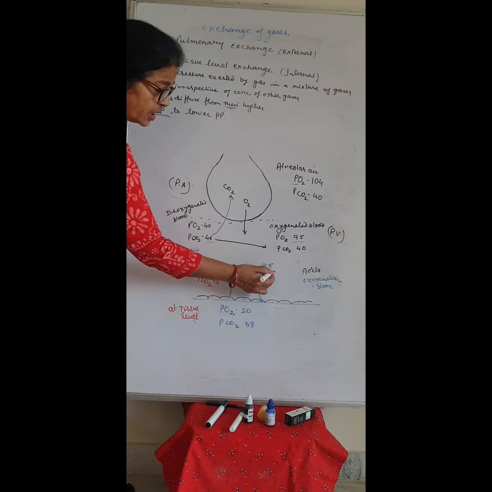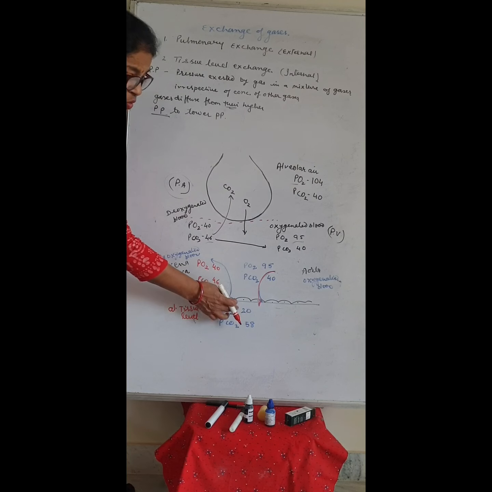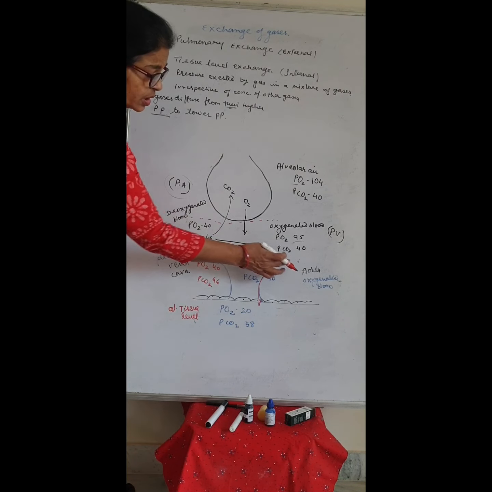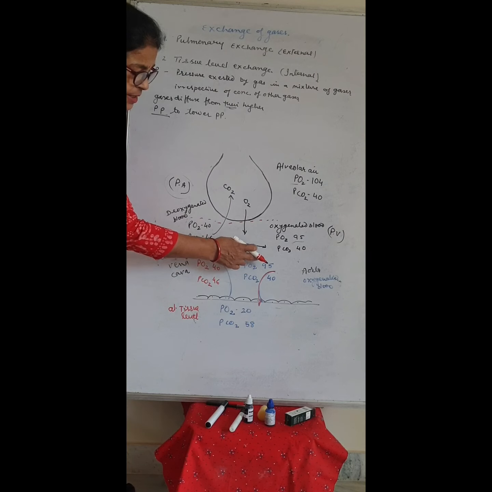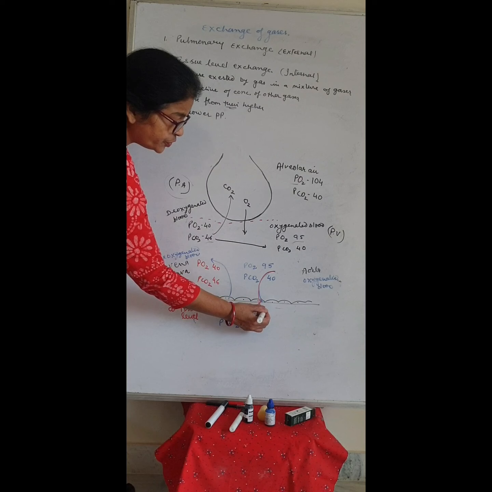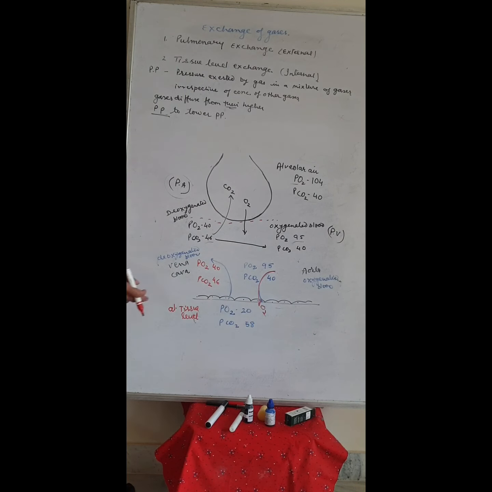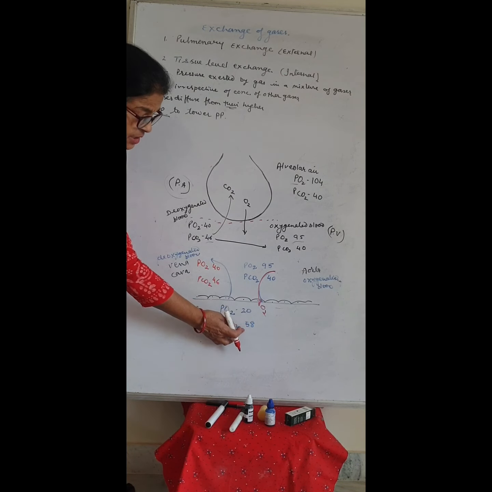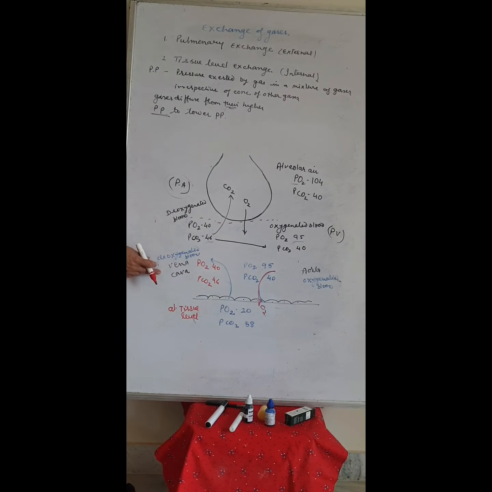So from the aorta, the oxygen moves inside the tissues. The partial pressure of oxygen is 95 here and 20 in the tissue, so the oxygen diffuses inside. Carbon dioxide is 58 mm of mercury at the vena cava.